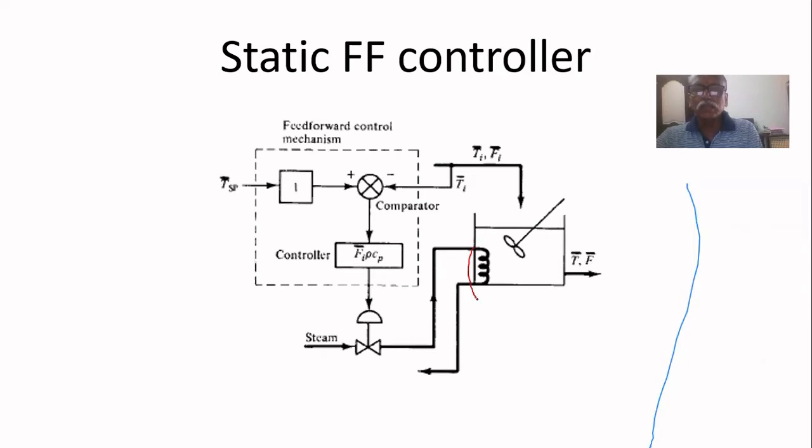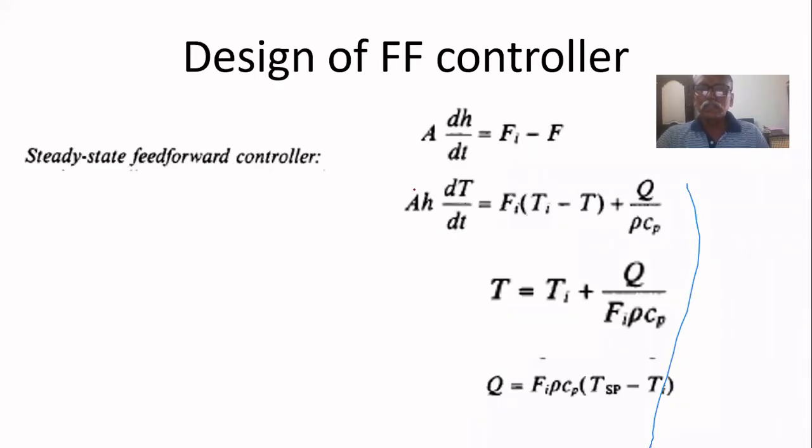Heat is applied here, and the inlet flow rate is F5. Inlet temperature is Ti. Outlet flow rate is F. The process temperature is T. That's why the outflow also has the same temperature T. Then the two disturbances considered here are Ti, the inlet temperature, and the flow rate of the feed. Both are considered here.